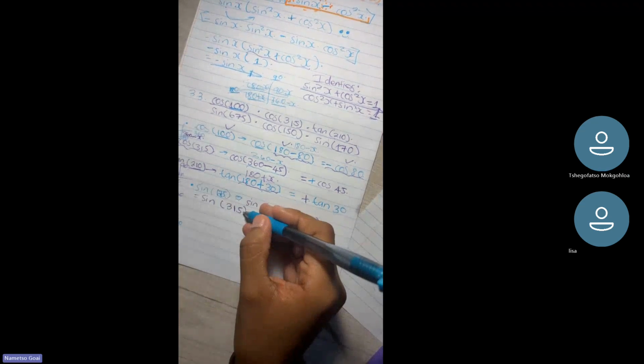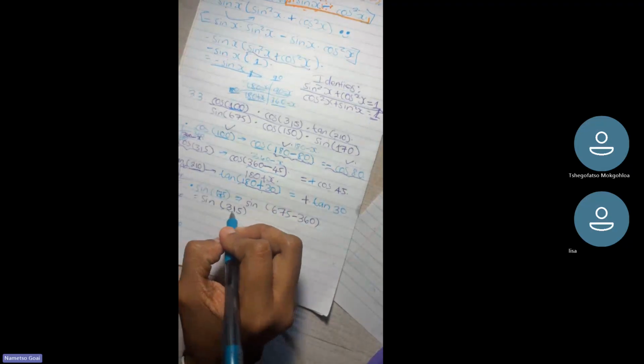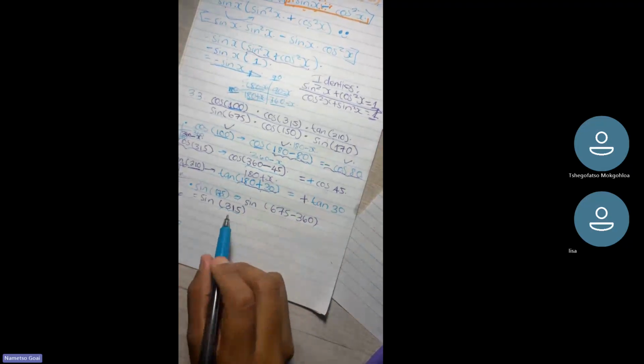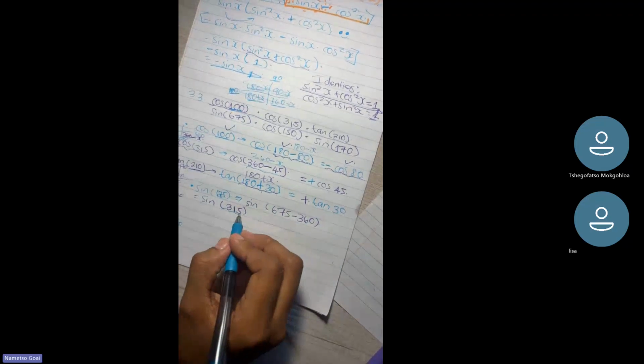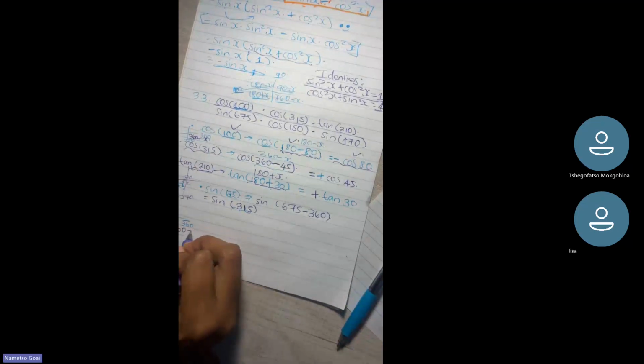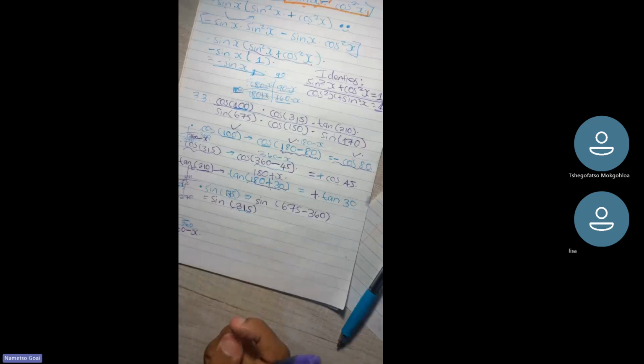Now we have sine 315, which is something we're familiar with and can work with, because this 315 is located in between 270 and 360. And remember, the operation between 270 and 360 is 360 minus x.